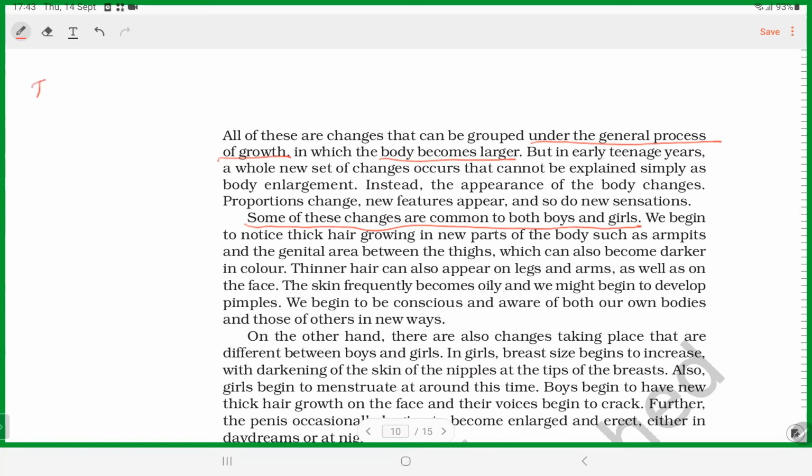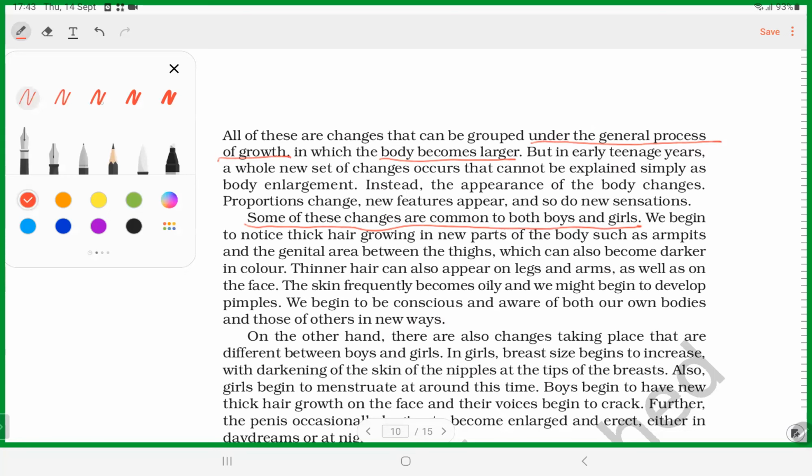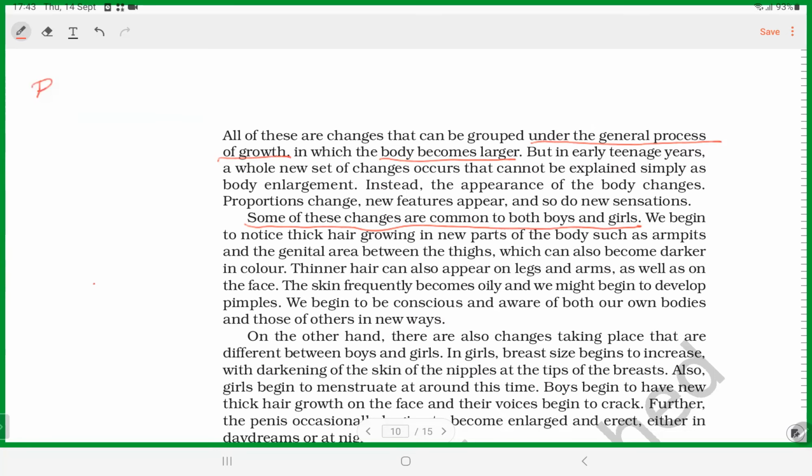What are called primary sexual characters? The common changes between both. Primary, in the sense of the normal anatomy of your reproductive system.